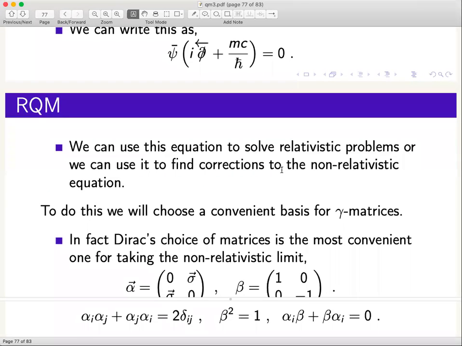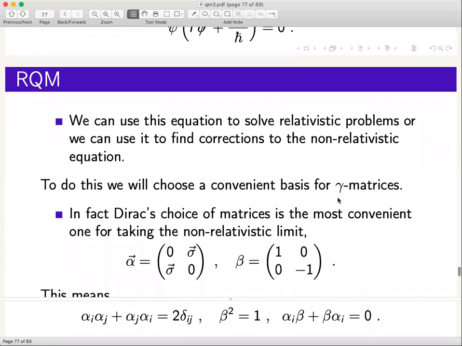It turns out that for studying relativistic quantum mechanics problems, or even to take the non-relativistic limit, Dirac's choice of matrices probably is the most convenient one.